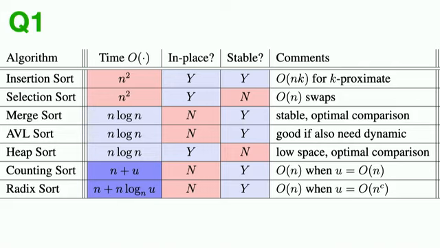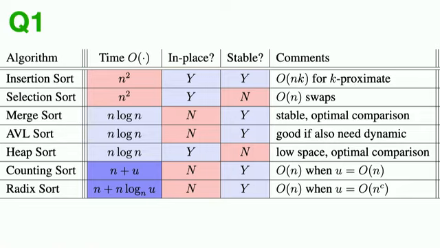But we also got interesting sorting algorithms using an AVL tree because of the power of maintaining a dynamic order over time. But then exploiting a direct access array to be able to sort in linear time for small ranges of numbers, polynomially bounded in terms of the input, right?